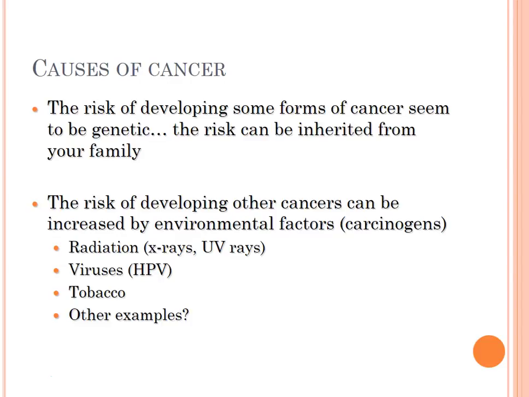Other cancers can develop by exposure to environmental factors called carcinogens. Some examples here: radiation like X-rays or ultraviolet rays from the sun, certain viruses like HPV, tobacco smoke. There are lots of other examples as well, plastics and things like that. So why don't you think of how many carcinogens you have heard of or that you know of.